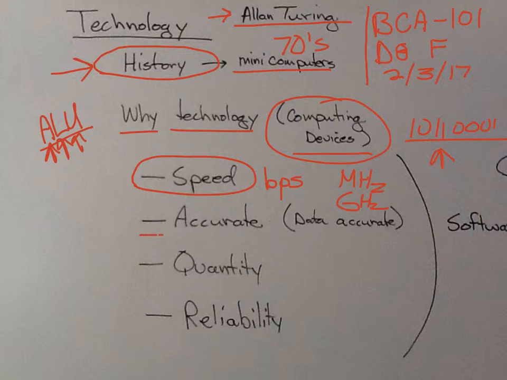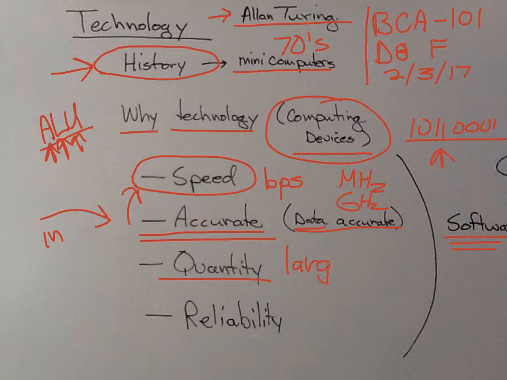They can do this work, and they can be extremely accurate, of course, if the software is accurate, and if we put in accurate data, they will process it and give us an accurate answer very quickly, and they don't care about how much data there is. They can manage a large amount of work, so to speak, and nowadays they're way reliable.